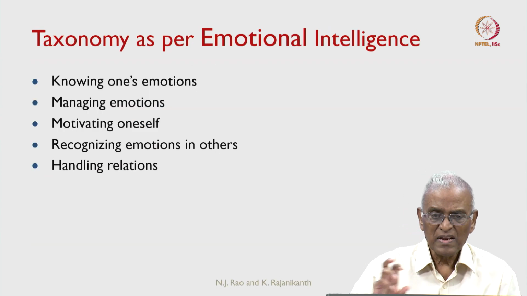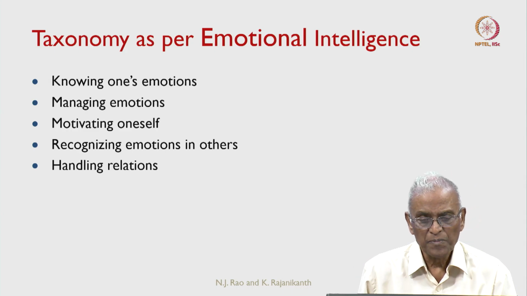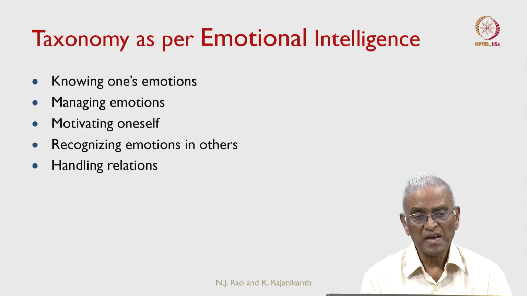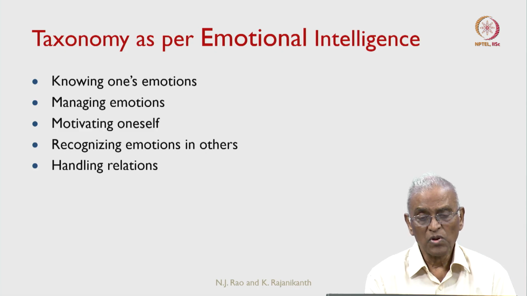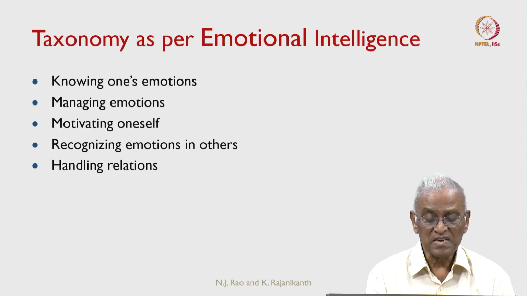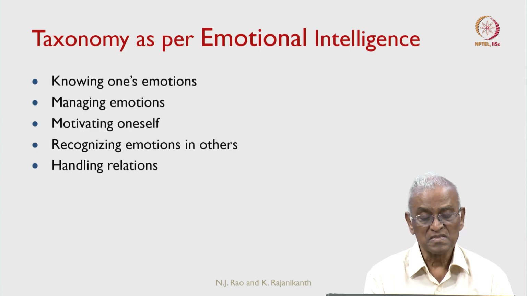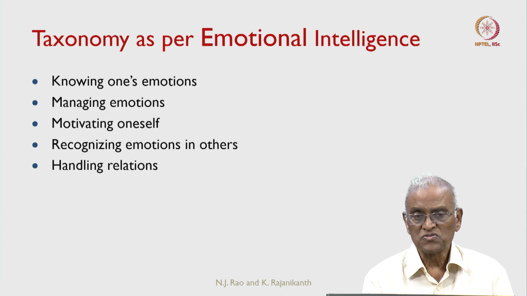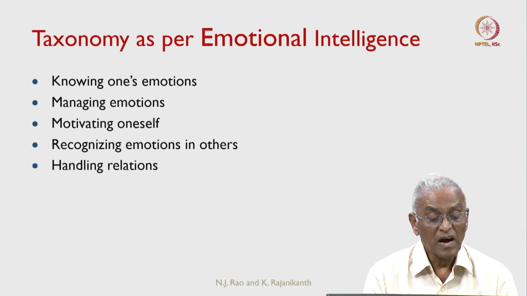Now there is a parallel track that has been happening for the past 30 years, especially initiated by Daniel Goleman. He wrote a book more than 30 years ago called Emotional Intelligence, and subsequently built on that considerably, which we will look at.